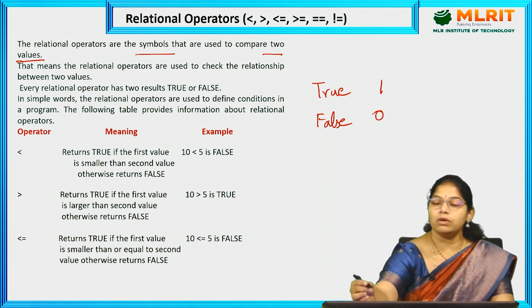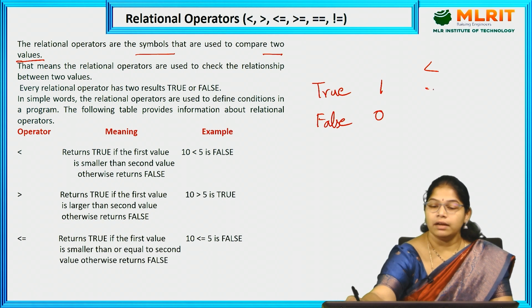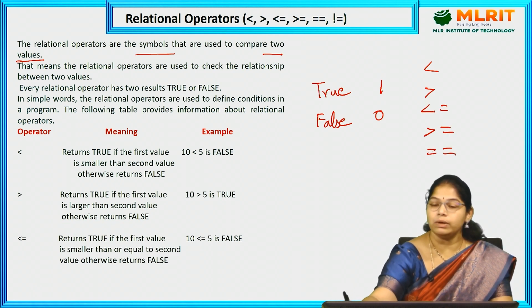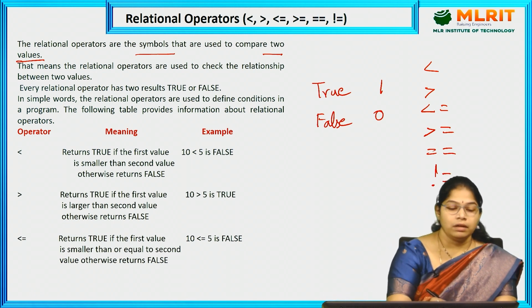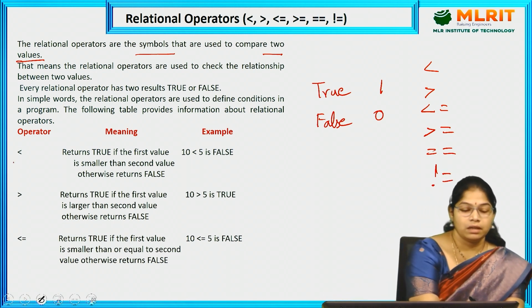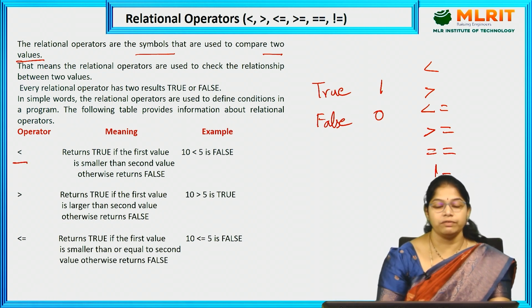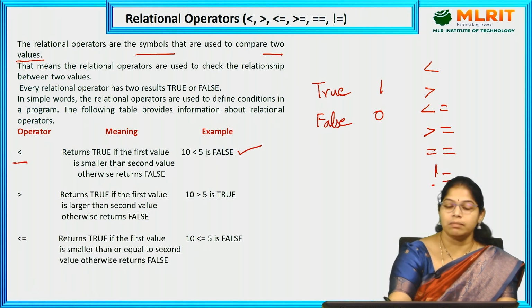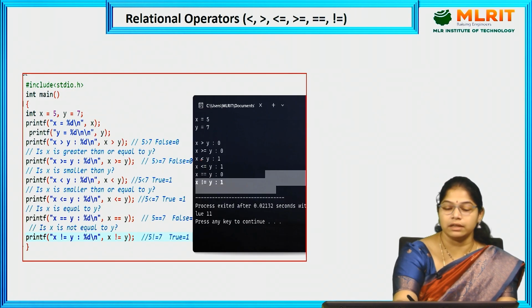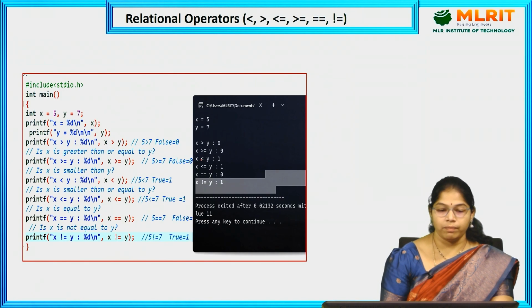So the relational operators are less than, greater than, less than or equal to, greater than or equal to, equal to and not equal to. Less than returns true if the first value is smaller than the second value. If we consider this example, the first value is 10 and the second value is 5.